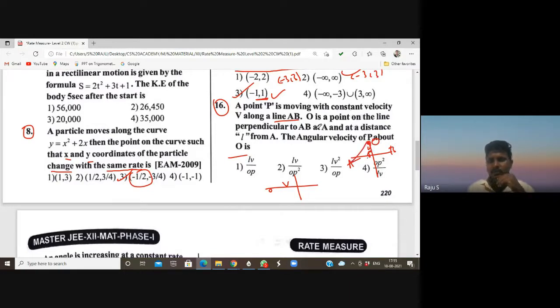Sorry, it is at A, at a distance of L from A. This is L. The angular velocity of P about O.